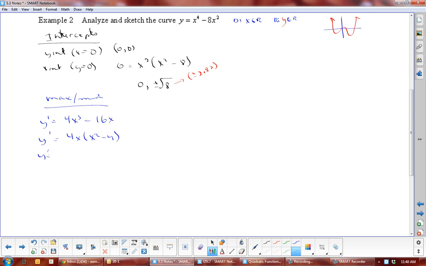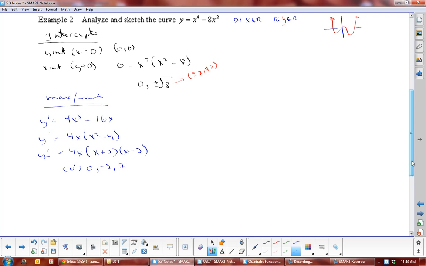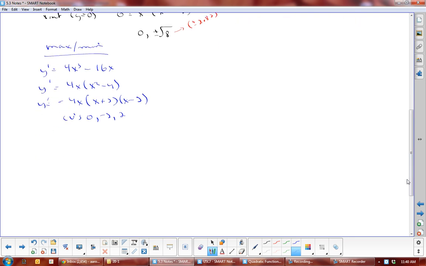So y prime equals 4x, and that's the difference of squares, x plus 2, x minus 2. So we get critical values 0, negative 2, and 2. Okay, so negative 2, 0, and 2.